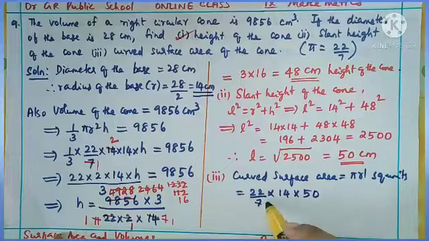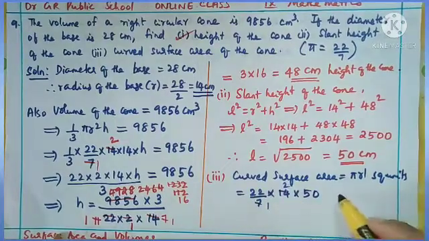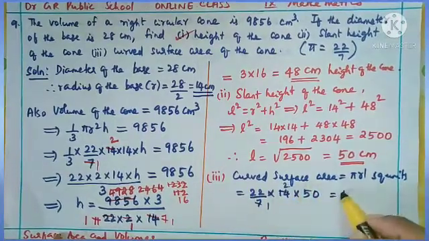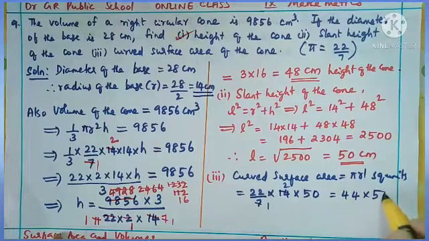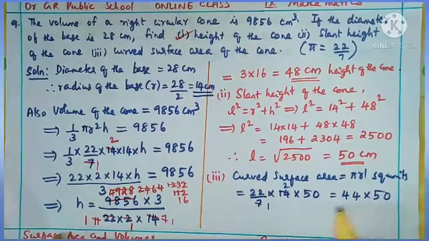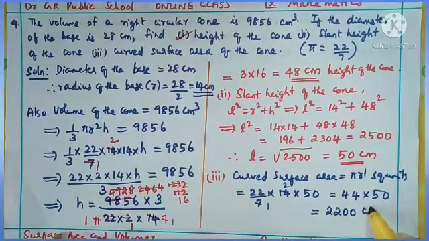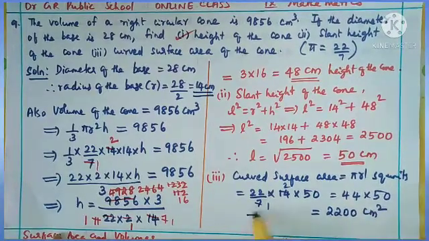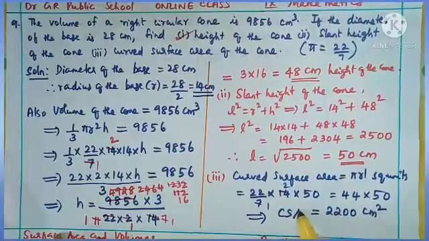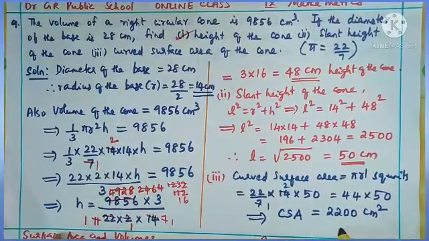Now this 7 and 14 we can cancel. So it is 22 into 2, 44 into 50. Okay. So 44 into 50, when you multiply, you will get 2200 centimeter square. So this is the required curved surface area of the cone.